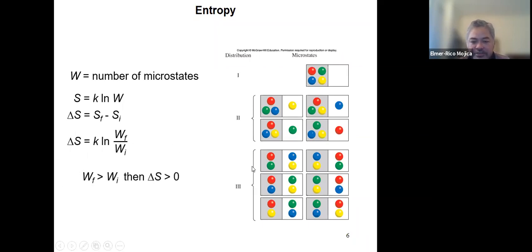So in terms of the W that you have here, the final number of microstates, Wf, is higher than the initial, Wi.